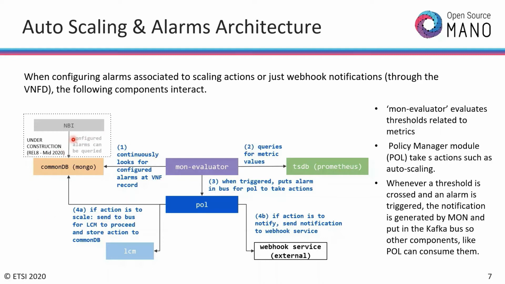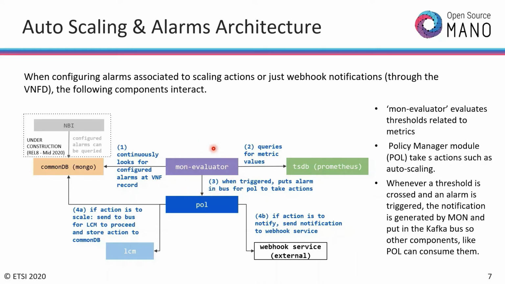So if I can summarize all of them together, this is the complete architecture. The MON evaluator gets the metric information from the common database, and it then gets the current metric values from the time series database, and then it decides whether there is an alert or alarm that has to be generated.